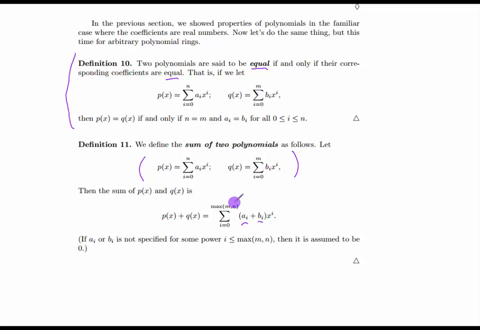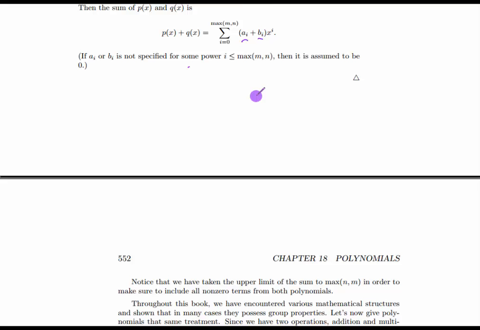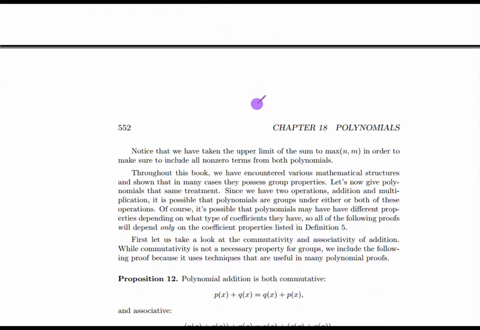So max(m, n) will be the largest of the two degrees. And if there's no explicit specification of the coefficient, we just assume that it's 0. This is just a formula that exemplifies what we typically do when we add polynomials.